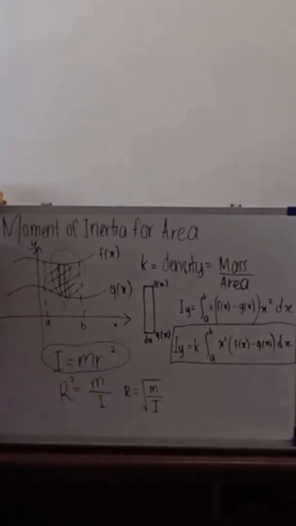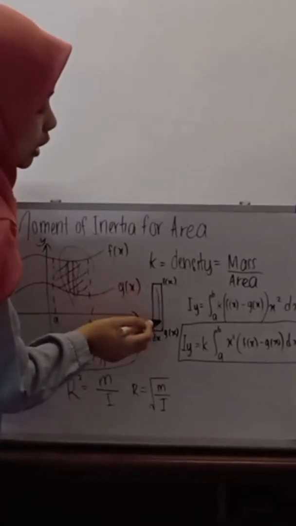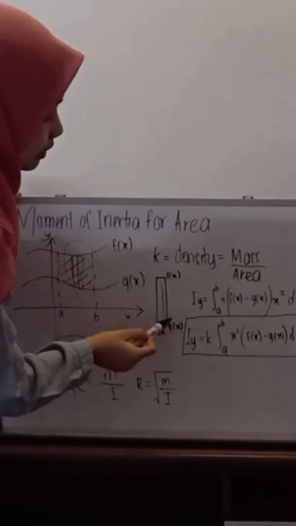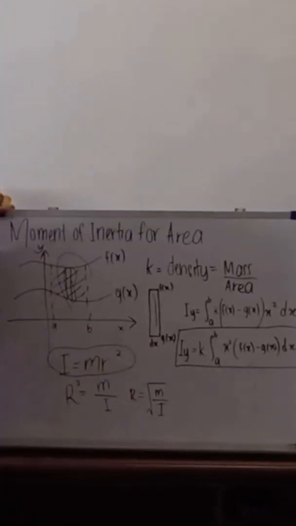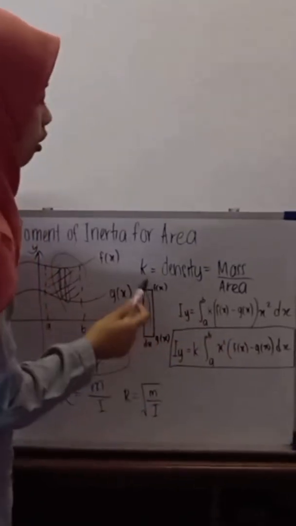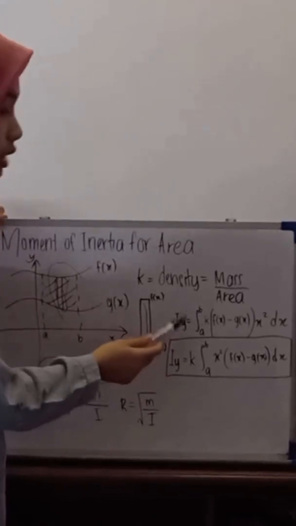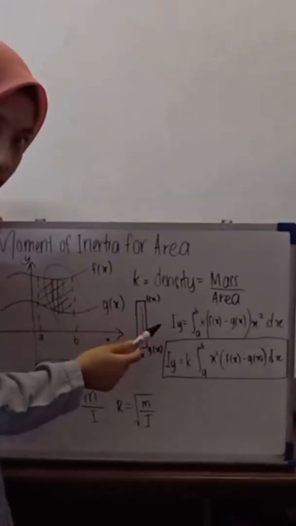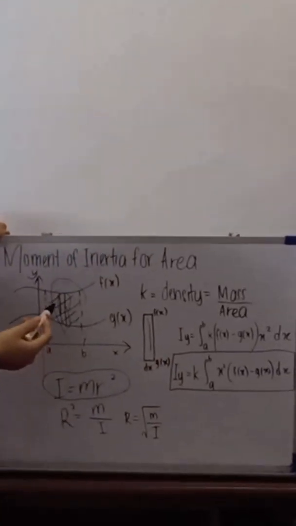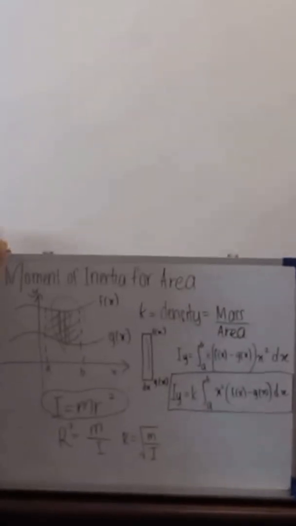First we need to calculate the area of this strip, which we can get from here, which is f(x) minus g(x) times dx. So here, we already conclude it into the equation Iy, which is the moment of inertia about the y-axis. Why is it the y-axis? Because it is vertical, which is straight, vertical.